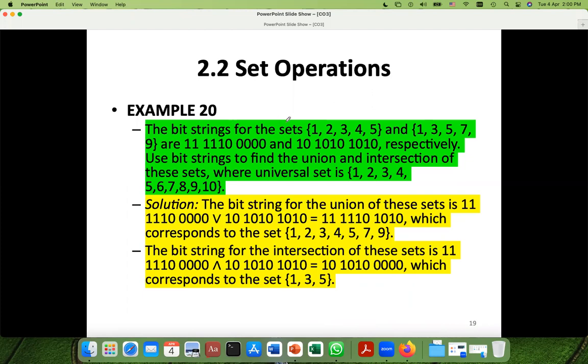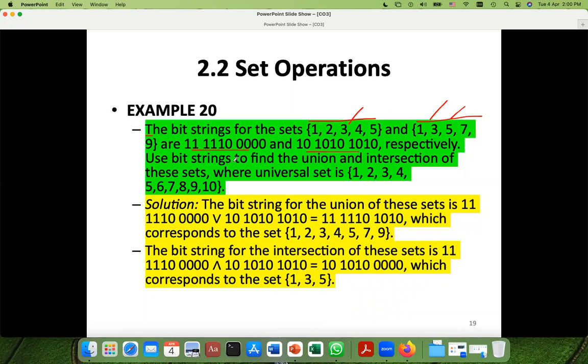Set operations, bit strings for the sets. So we have one set containing 1, 2, 3, 4, 5, and another set 1, 3, 5, 9. The bit strings for these sets are this one for the first and this one for the second.